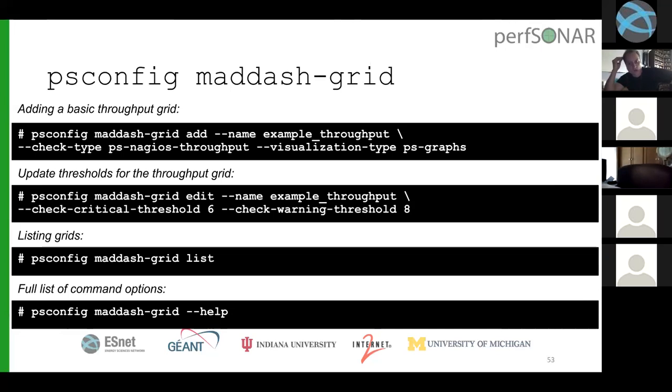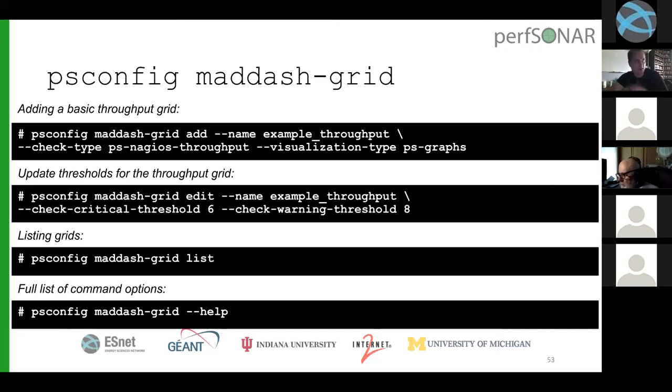Just one quick cool aside from a day or two ago. Before, if you wanted different thresholds for different grids, you had to specify the name of the grid, and what name to actually use was kind of confusing. We were redoing our development dashboard, and we have a bunch of UDP throughput tests, and we changed the names, and then we weren't getting the thresholds we wanted to apply to the UDP tests.